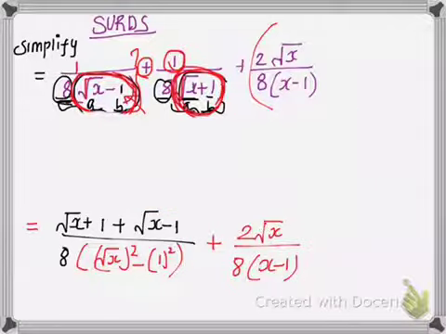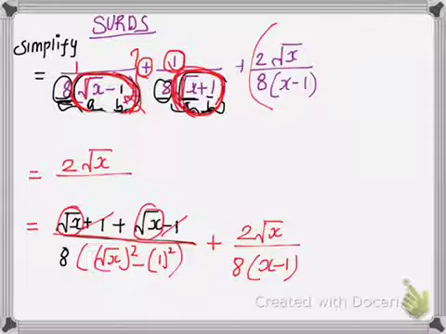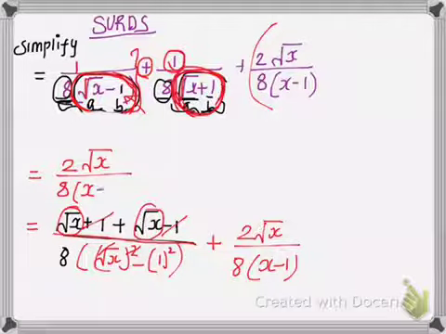Now what we can see in this expression's numerator is we've got negative 1 and positive 1, so this simply gets cancelled. So what is left is root x plus root x, so this sums up to give 2 root x divided by 8 as our denominator, and root under x squared is x, so I can write here x, and 1 squared is 1.